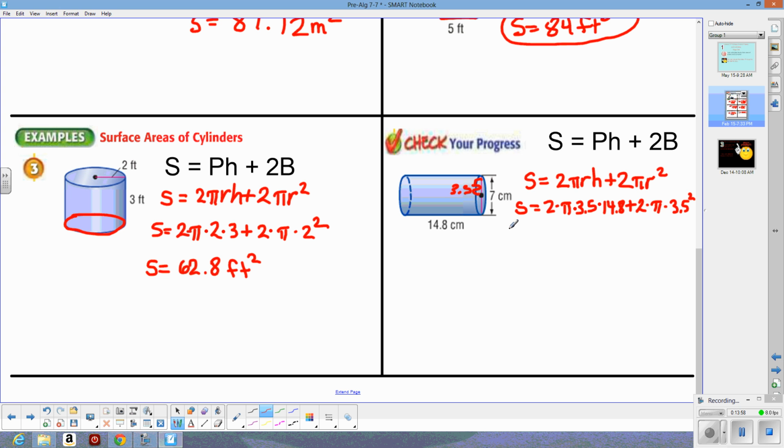Once again, I'm going to just type this entire thing into my calculator and then round to the nearest tenth. So 2 times pi times 3.5 times 14 and 8/10 plus 2 times pi times 3.5 squared.